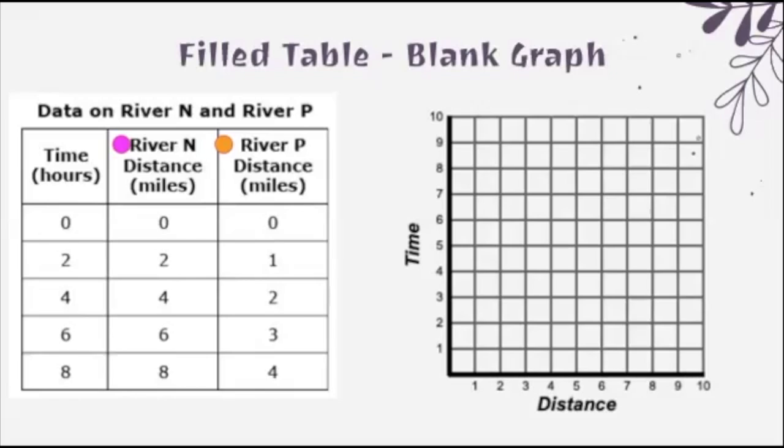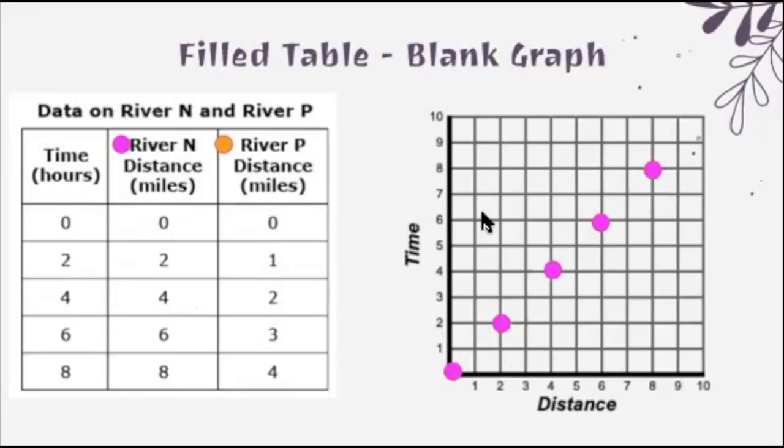So I'm just going to start with river N. Simple, y'all know how to do this. River N is 0, 0 that starts off. So at 0 hours, it went 0 miles. As I keep going, the second point at 2 hours, it went 2 miles. 4 hours, it went 4 miles, and so forth. So here I just continued my pattern.